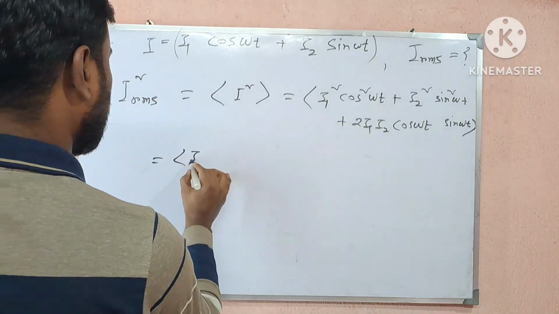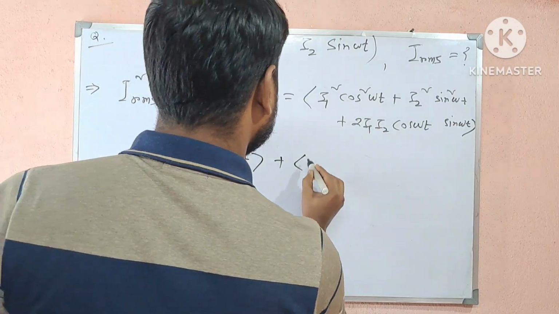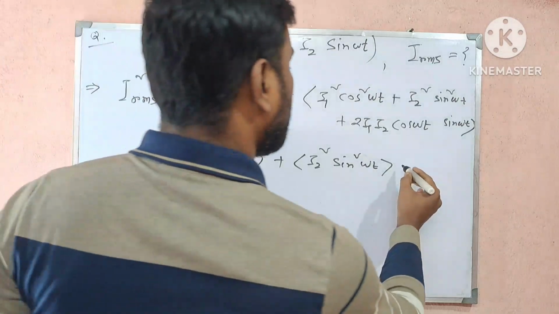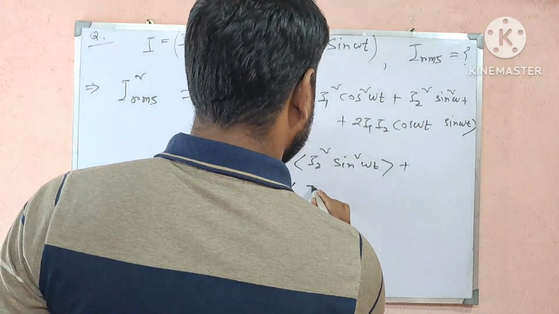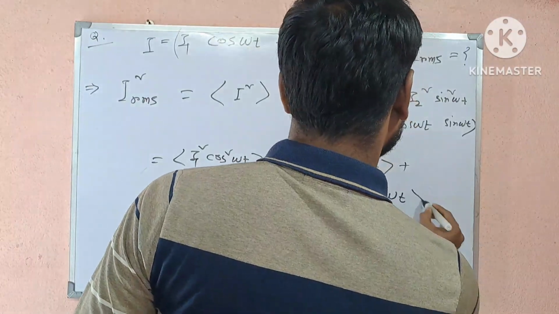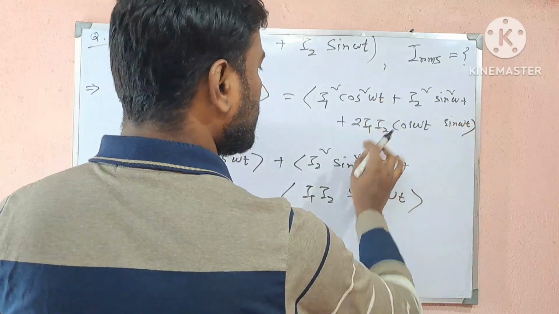We can write I1 square cos square omega t plus I2 square sin square omega t plus I1 I2 sin 2 omega t, because sin 2 omega t is equal to 2 sin omega t cos omega t.